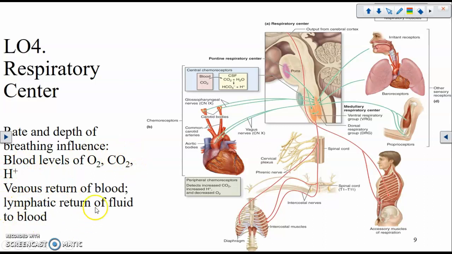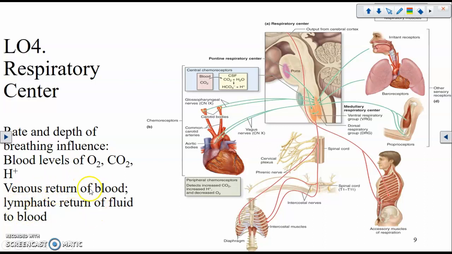And then also the venous return of blood. The more blood, the more fluid returns to your heart, the deeper the respiration. Why? Because that means you need to have more blood oxygenated. Okay? So if you have shallow breathing, what happens then is blood is going too fast through the lungs, which means blood is not getting enough oxygenation, especially if you have a lot of blood returning to the heart.